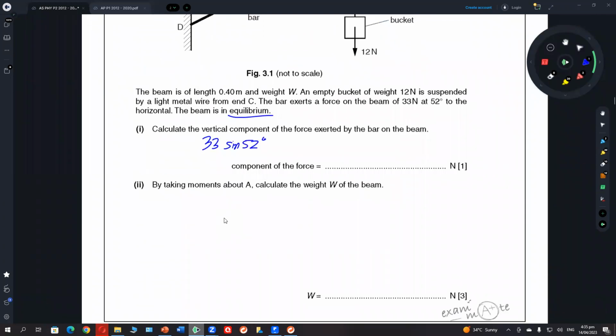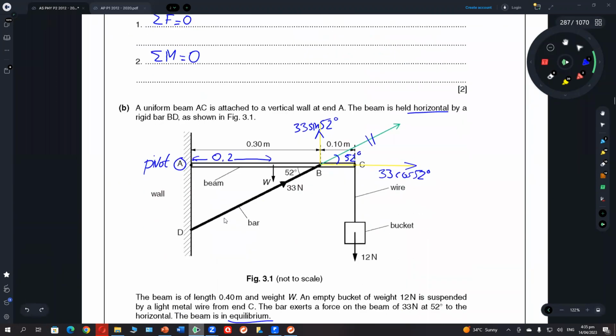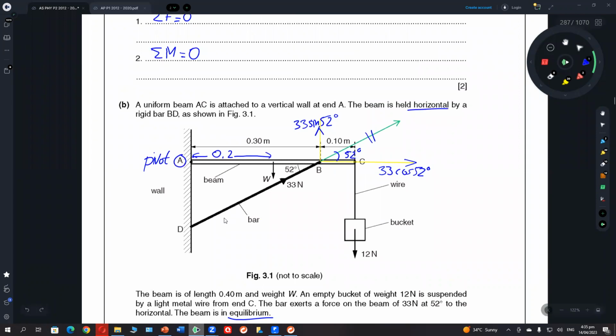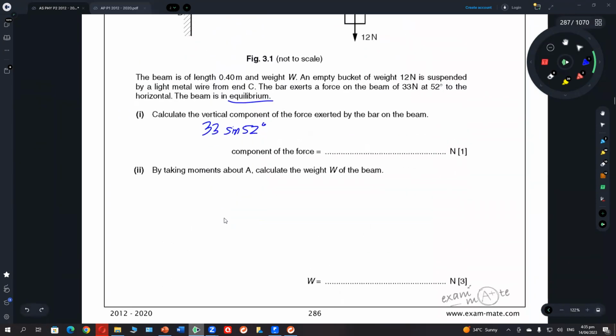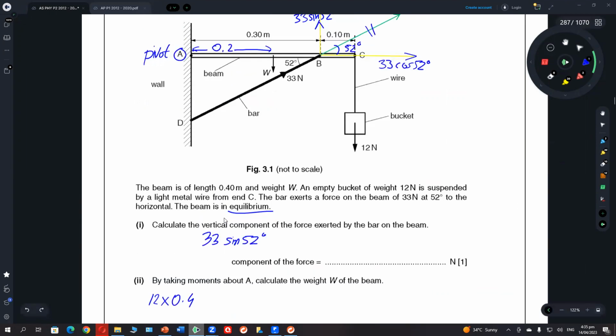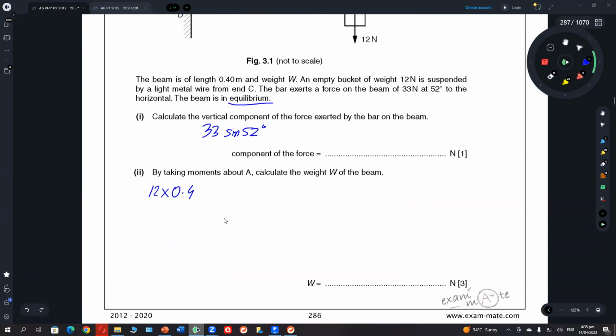Total clockwise is equal to total anti-clockwise. So make that equation. Now you see the 12 will go with 0.4, and W will go with 0.2.